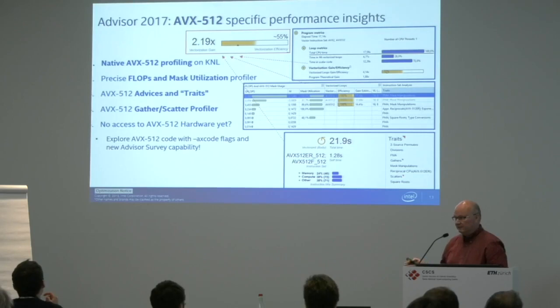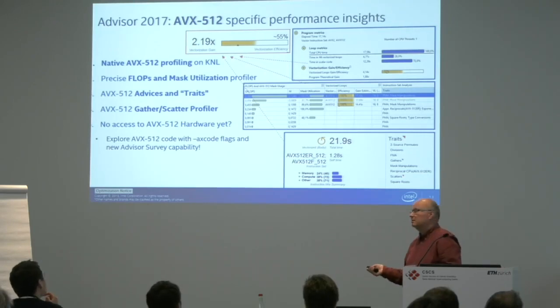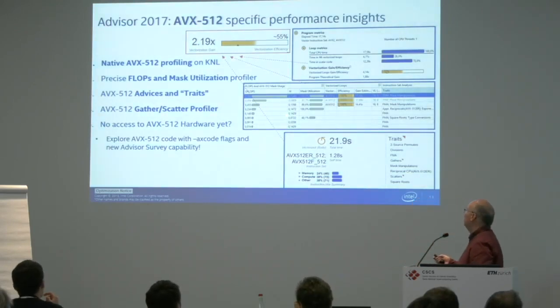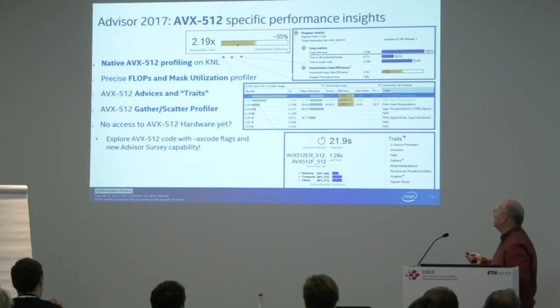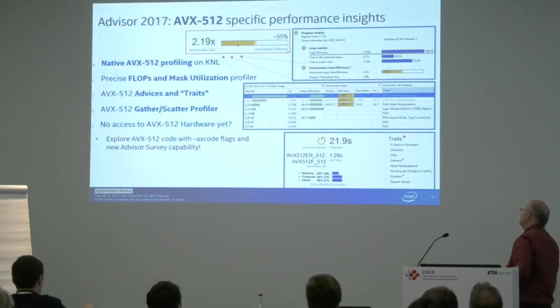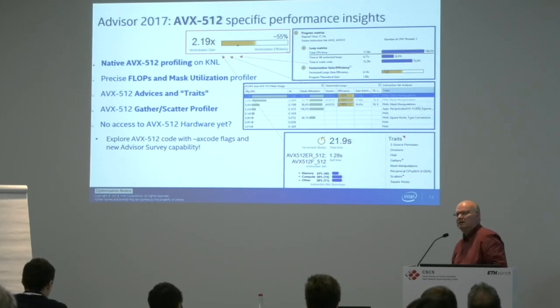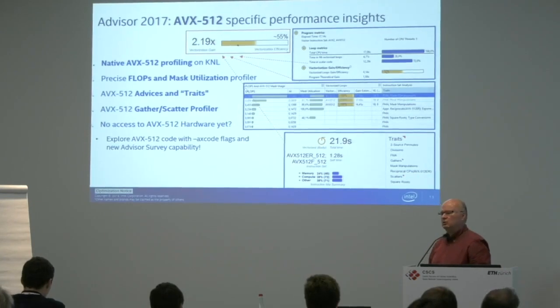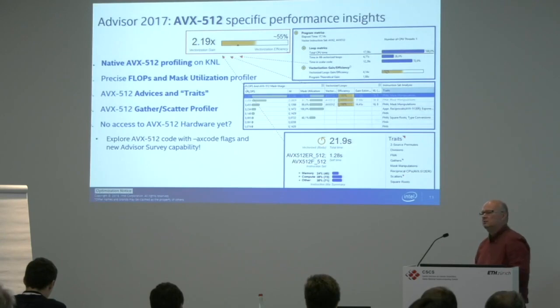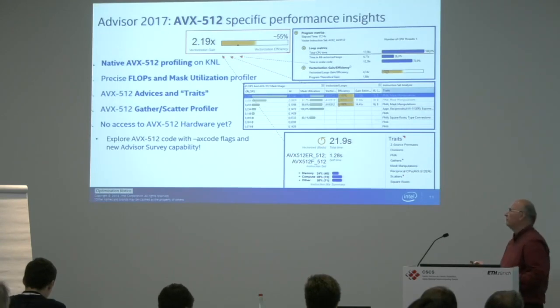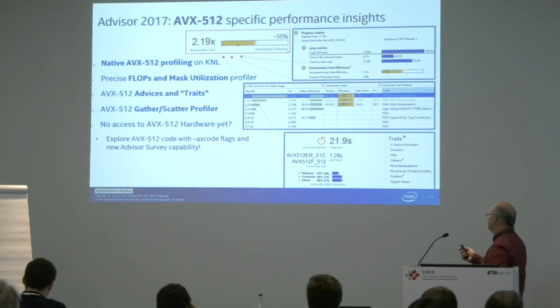You need to set a flag for it, but you get the gigaflops here. You get the arithmetic intensity, which will be interesting later for the roofline analysis. For each loop, it is the ratio between the flops that you calculate for each byte that you load, independent from where you load it.